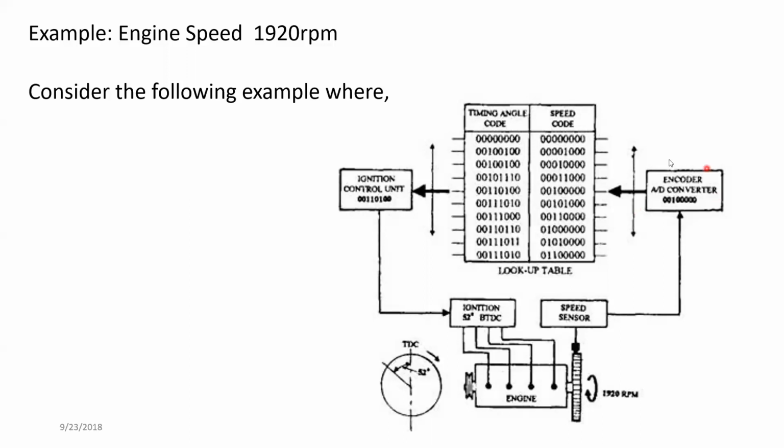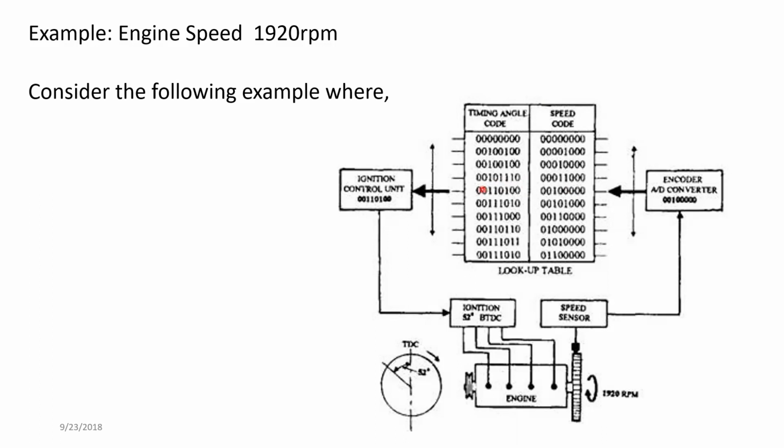Once it's read as a binary value, the engine control unit looks into its lookup tables and finds the similar value. In this case, this is the value and the similar value is here, right?